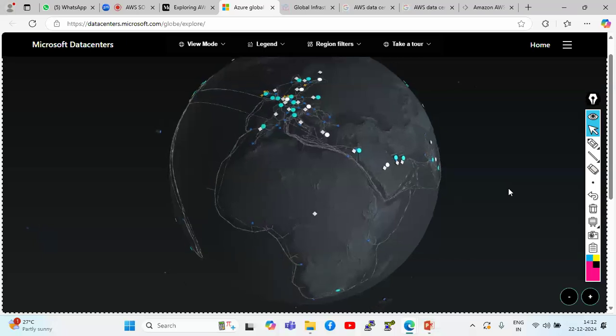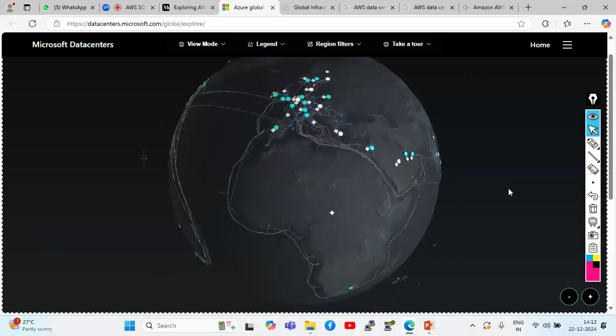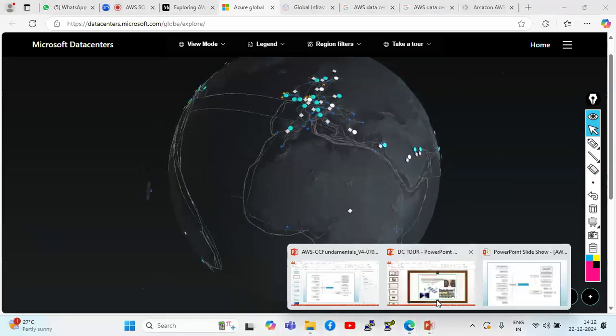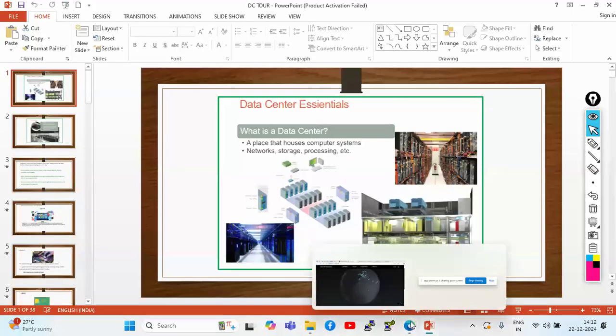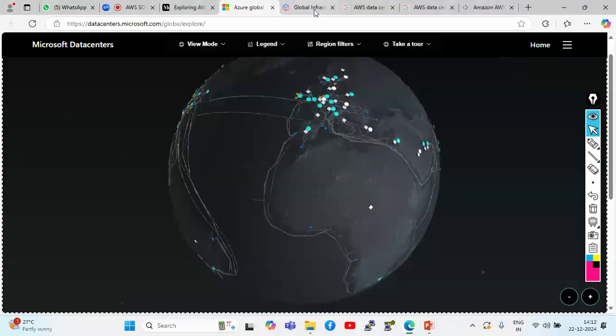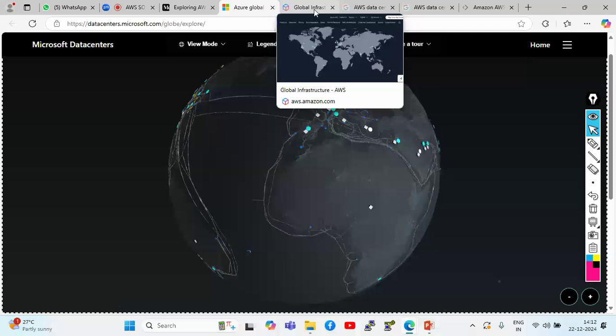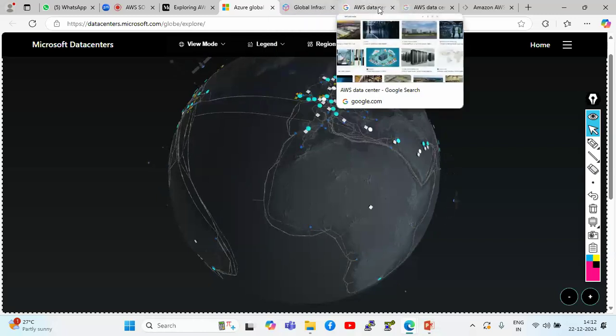Okay, fine, thanks. Let me quickly go through what a data center is. Before getting into what cloud computing and on-demand services are, first let us understand what a data center is.